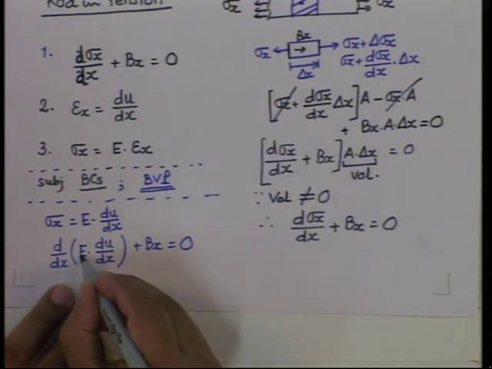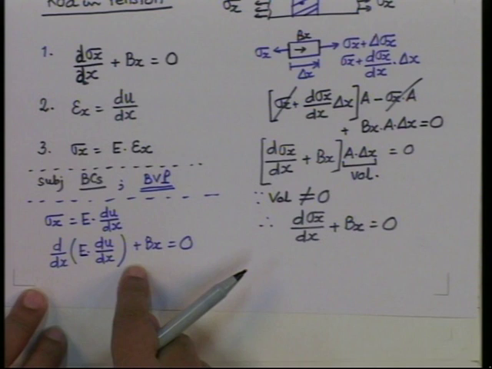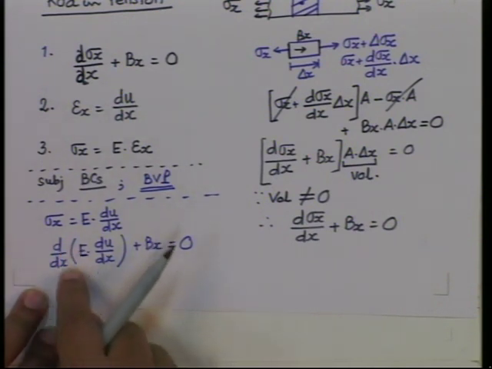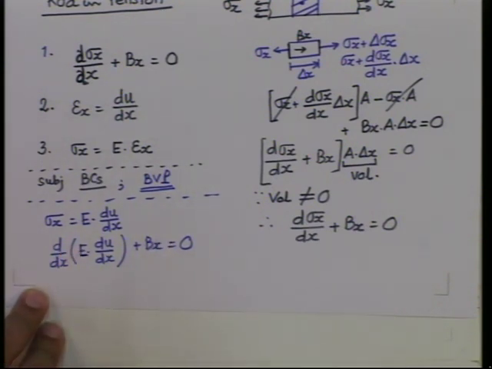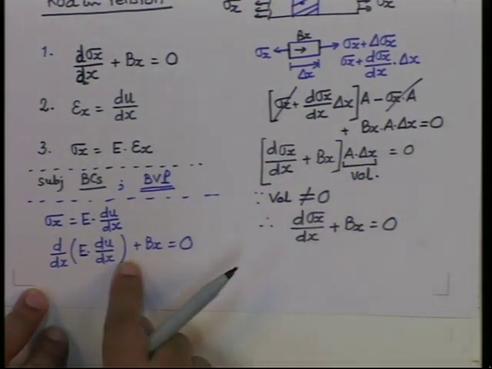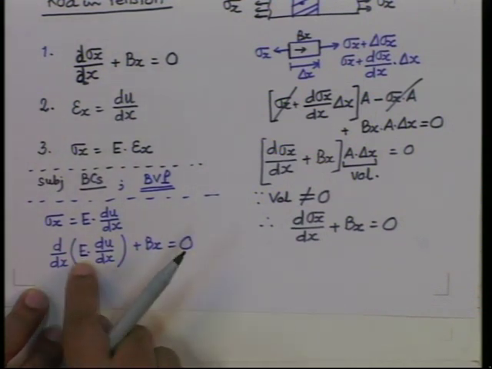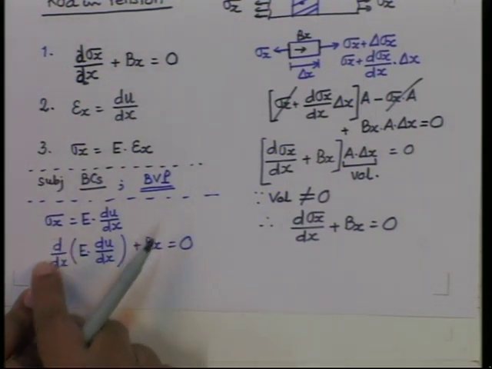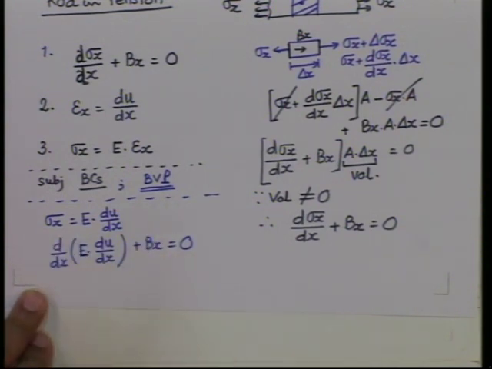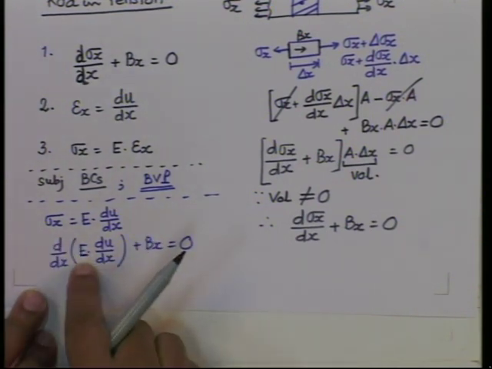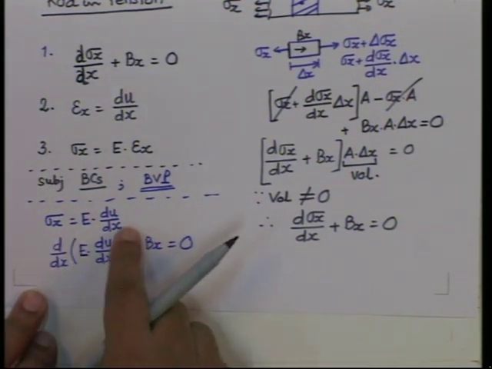If E is constant; if E is not constant, then it will remain just like this. We are always used to equations where the material constants do not vary, but actually the basic equation is this. E can be a variable, changing with respect to x, and then it has to be within the bracket.